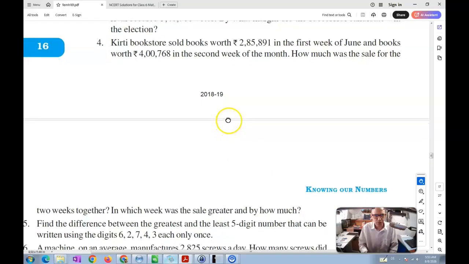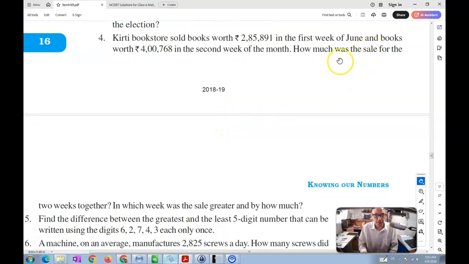So again, over here, when you want to calculate the sale all together for the 2 weeks, you will take these two numbers and add them together. That's simple. And then you want to know in which week the sale number was higher. So you need to compare the two numbers and see which number was larger.